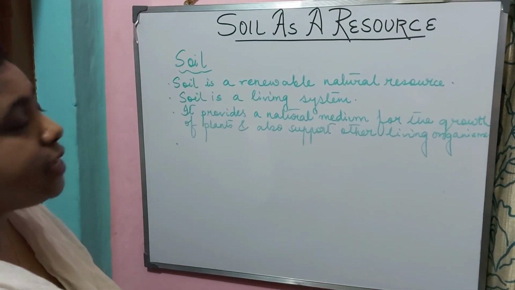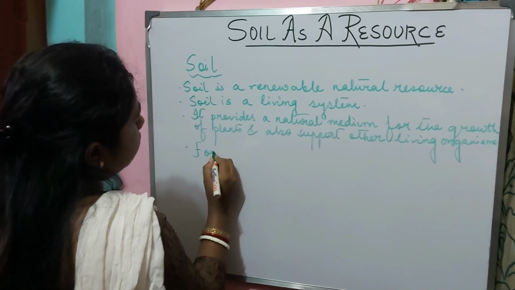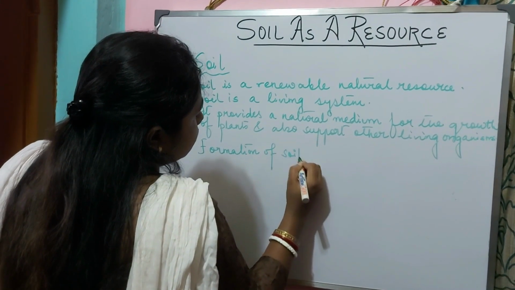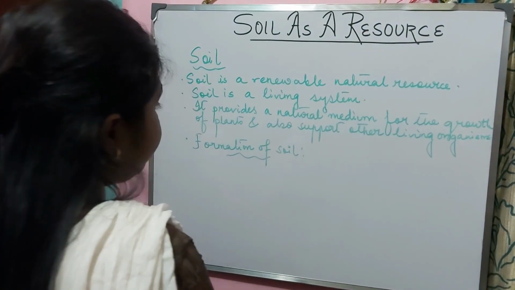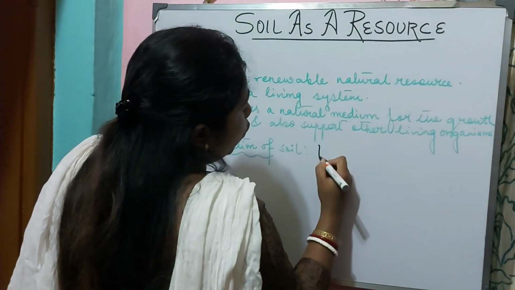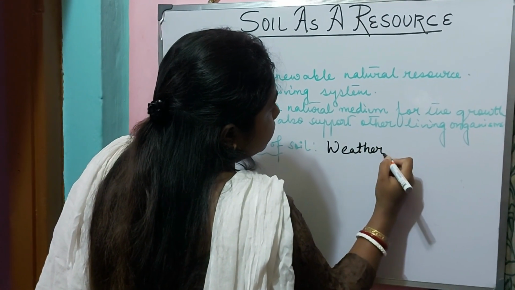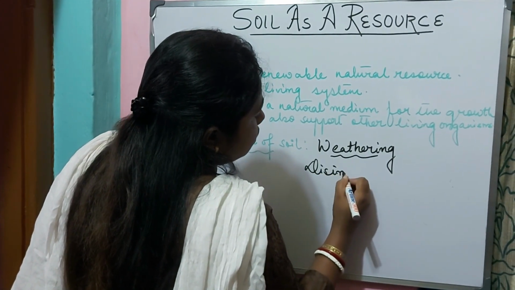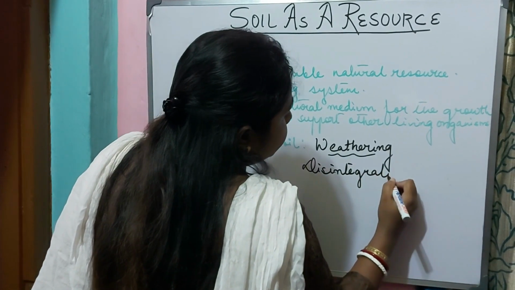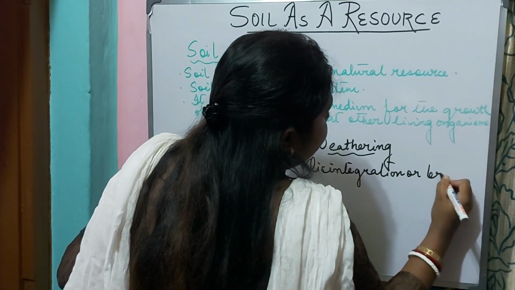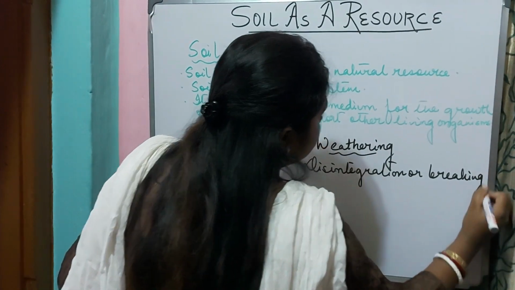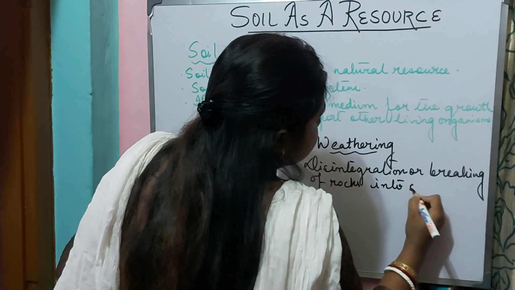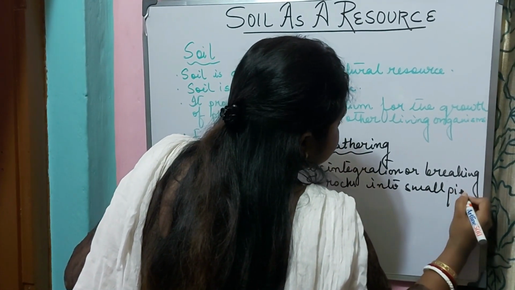Now, how is soil formed? Formation of soil. Soil is formed by the process of weathering, which means disintegration or breaking of rocks into small pieces.